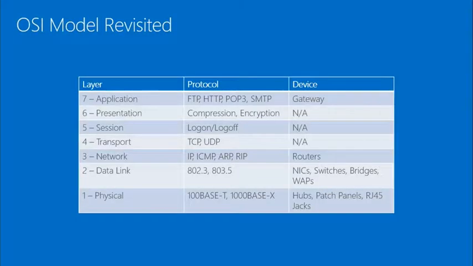And then again, the OSI Model Revisited. If we take a look at the slide here, we see application, presentation, session, transport, network, data link, and physical. We see the different protocols associated with each layer, and then different devices that might be associated.